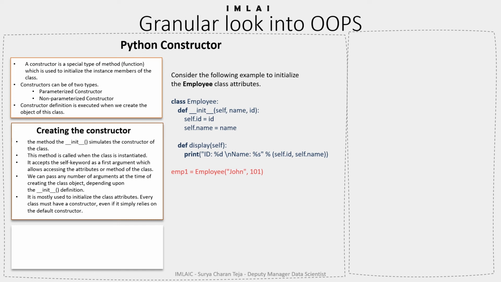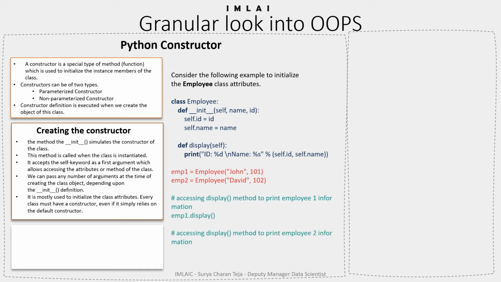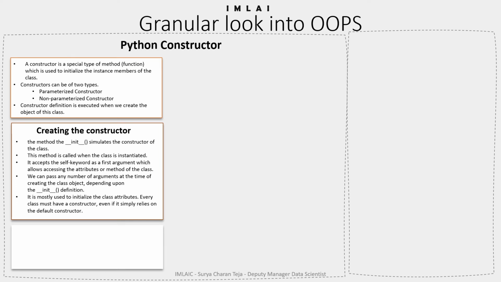The first instance is employee 1. His name is John, and his ID is 101. The second instance is employee 2. His name is David, and his ID is 102. Then we access the display method to print employee 1's information. So employee 1 dot display gives you his information completely. This is our output.